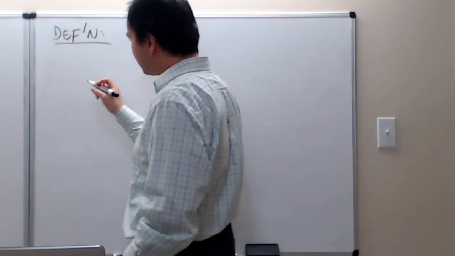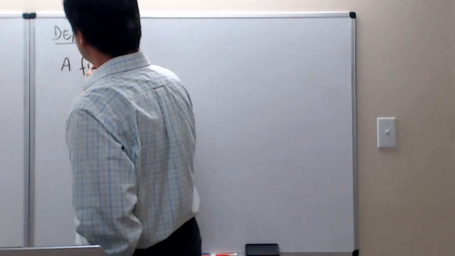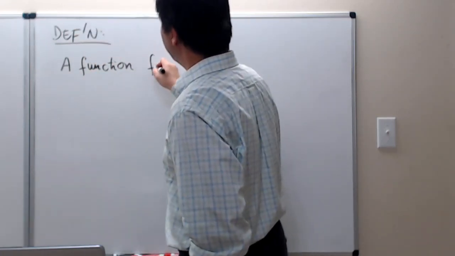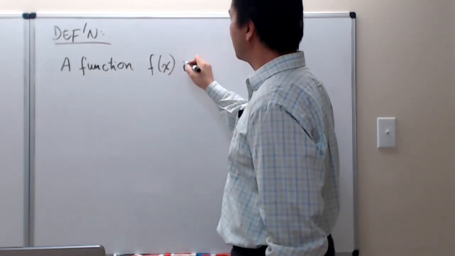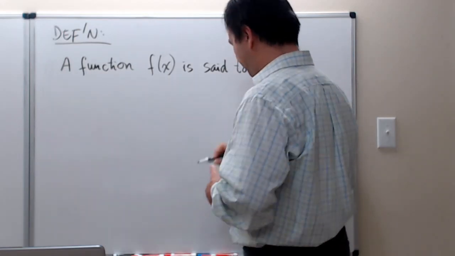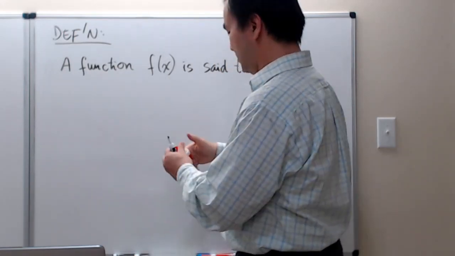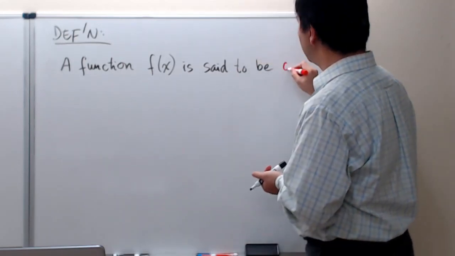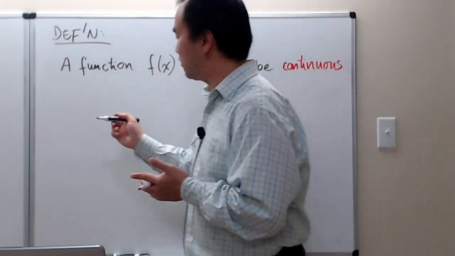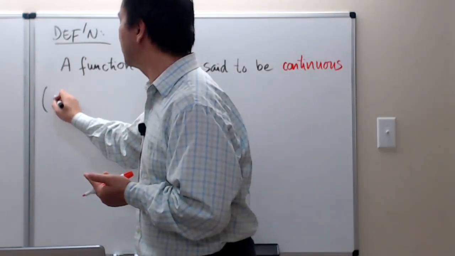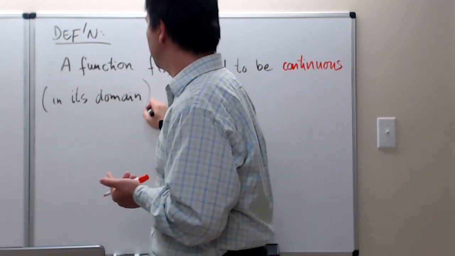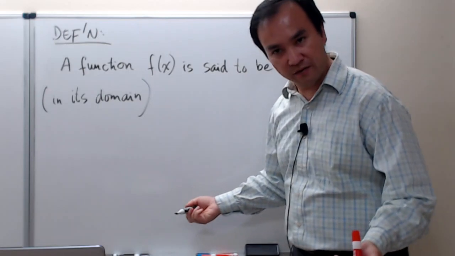And so a function f of x is said to be continuous. And of course, when we're saying continuous, we're looking at it in its domain, for any function, and at this point in your learning, you must know what the domain of a function is.